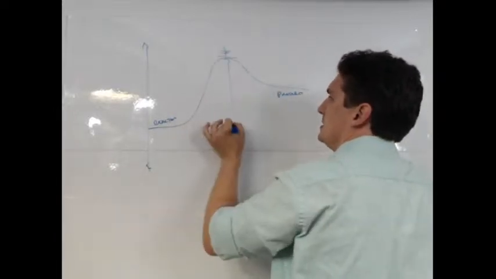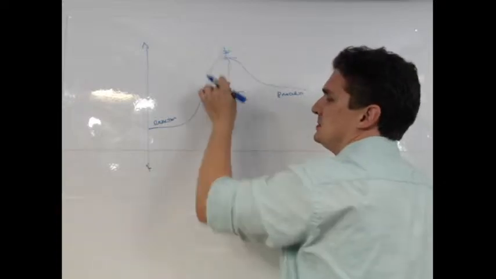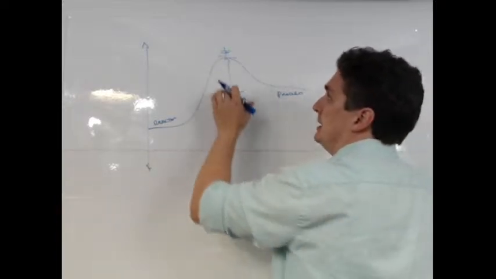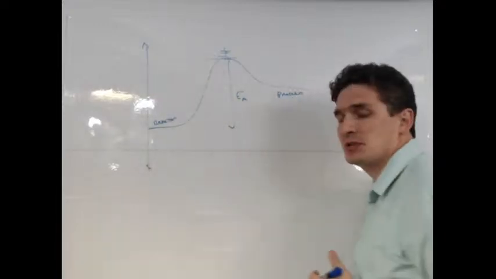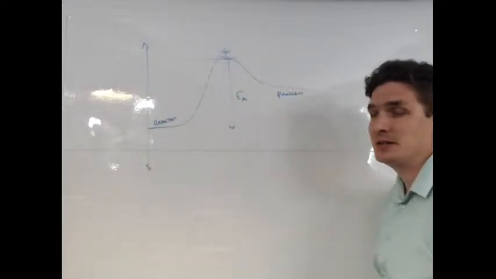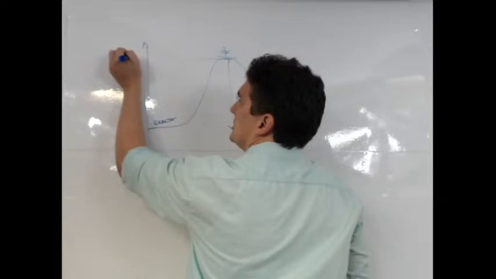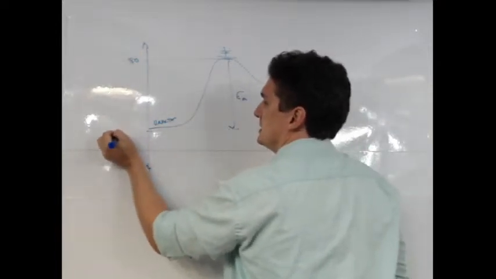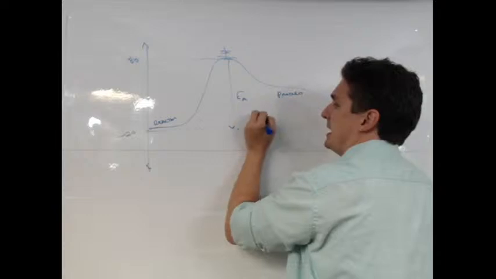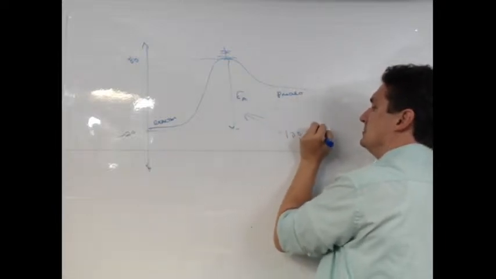So our Ea is the energy difference between the transition state and the reactants. Now, it isn't the energy of the transition state because when we do these calculations, that isn't necessarily 0. So if this is 80 and this is -20, the difference between these two is actually 100 kilojoules per mole.